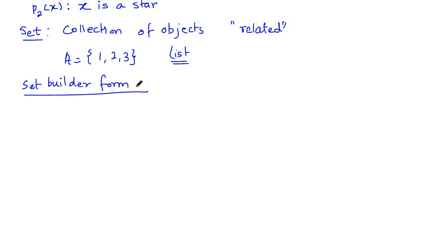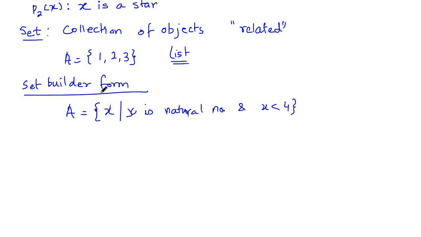And what is the set builder form? Set builder form is a form wherein you provide a membership property. So how does it look? Same set, let's say A. We want to write it in set builder form. So we say: all such x's which are natural numbers and x is less than 4.